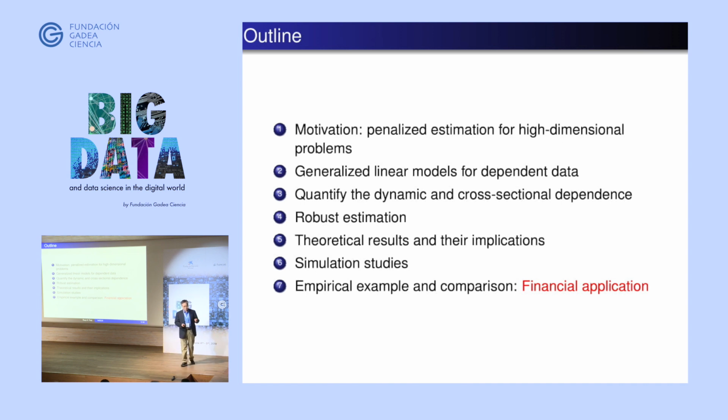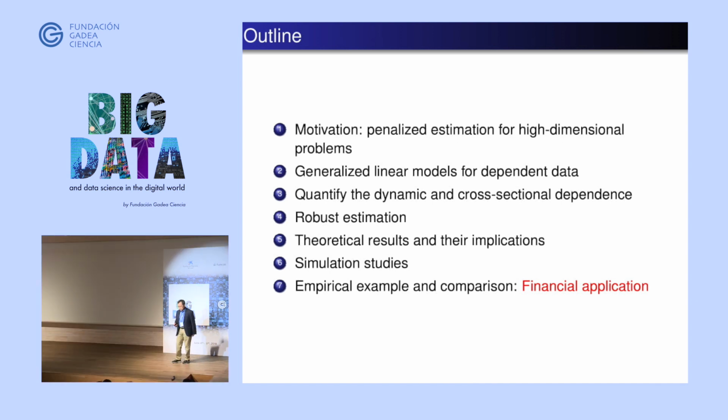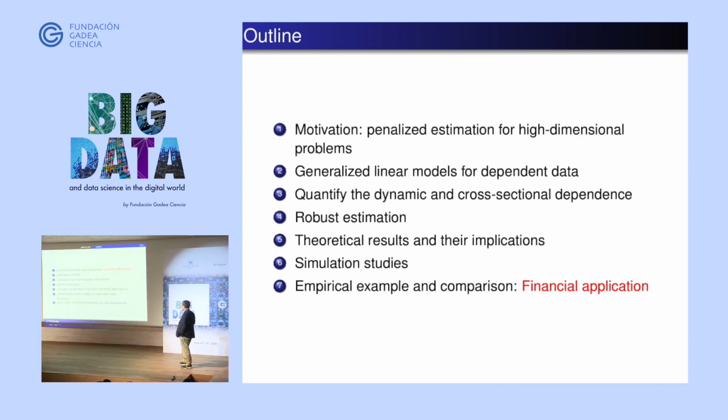For the lasso type of methods, Jianqing alluded to that the lasso regression can easily break down for strongly dependent time series data. For it to work, you have to quantify what type of dependence you allow, cross-sectionally and dynamically. And Jianqing did a wonderful job on robust estimation. In fact, we adopt his idea in this talk as well to do robustification, so we can obtain a better result in terms of prediction and so on.